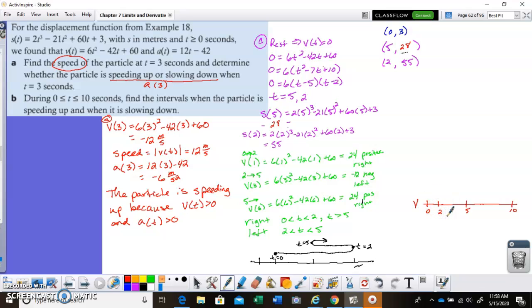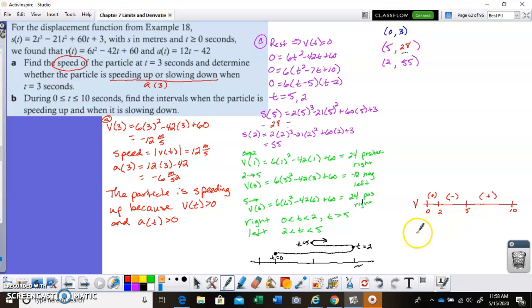What we found out was the velocity at 1 second, in between 0 and 2, was positive, so we put a positive sign above that section. Between 2 and 5, where 3 was, this section was negative. And above 5, the velocity was positive.